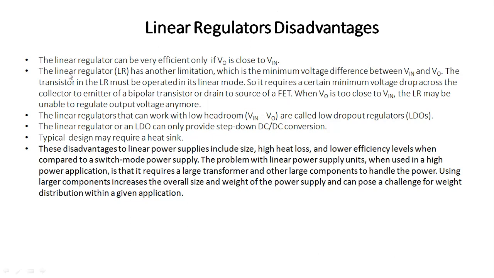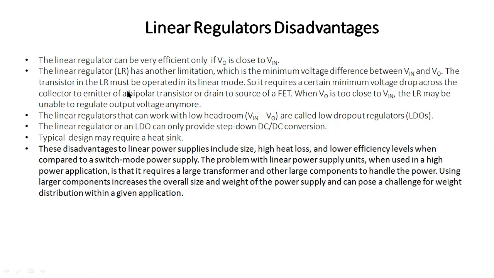So the linear regulator has another limitation, which is its minimum voltage difference between input and output voltage, because by using the linear voltage regulator we are converting a DC input voltage into a DC output which will not change irrespective of changes in the load or the input voltage. So we can say there is a very small minimum difference between input voltage and the output voltage.